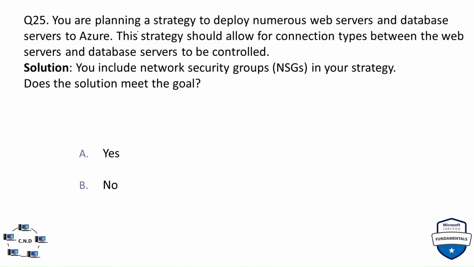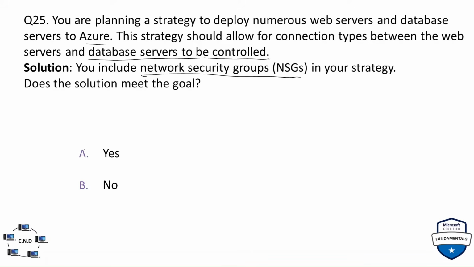Question number 25. You are planning a strategy to deploy numerous web servers and database servers to Azure. This strategy should allow for connection types between the web server and database servers to be controlled. Solution: you include network security groups, NSGs, in your strategy. Does the solution meet the goal?